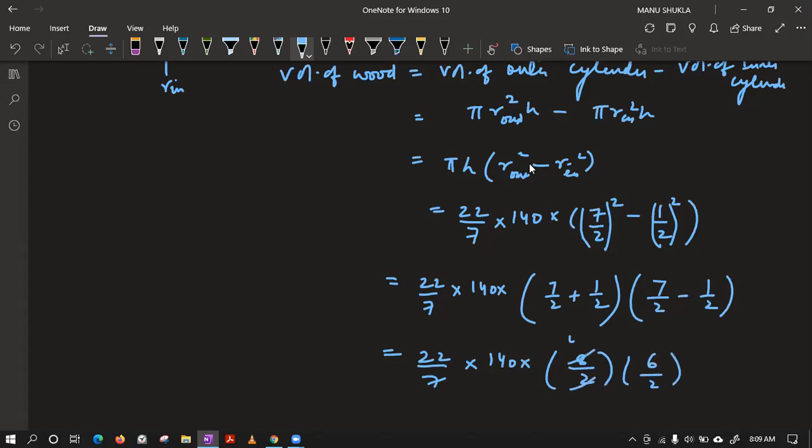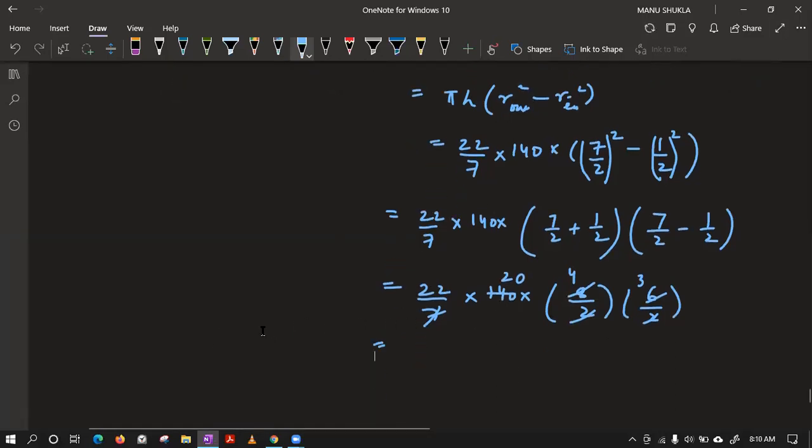While solving we get 4 over here, we get 3 over here. After that 7 20s are 140. Now we have to choose how to multiply it further. And while multiplying, I think we can multiply these three easily. 4 threes are 12, 12 twos are 24. So 240 into 22 we have to find.